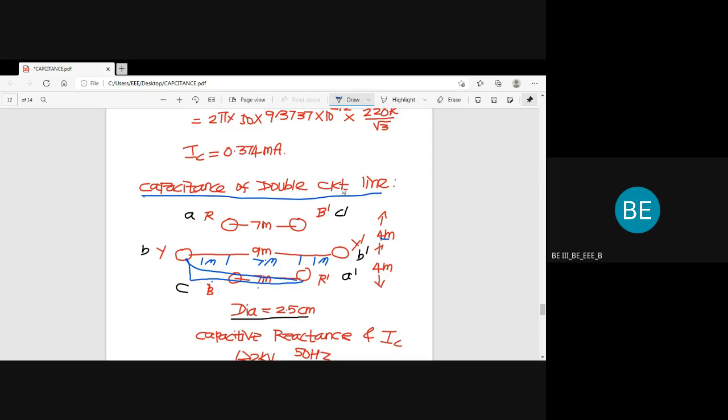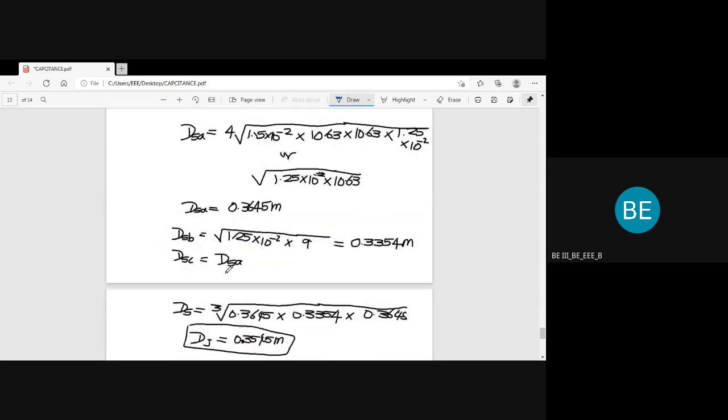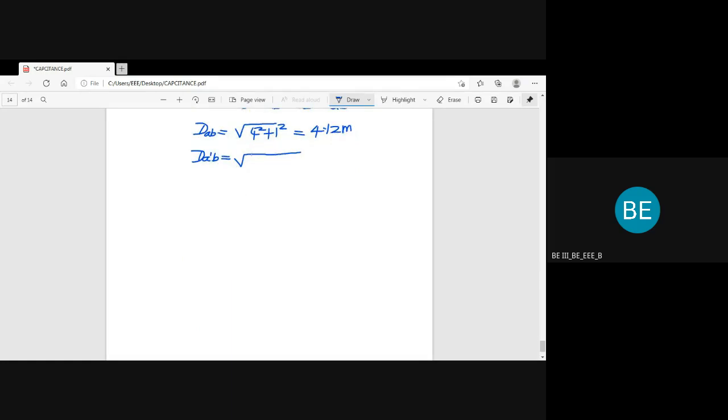So 8 squared plus 4 squared. So DA'B will be root of 4 squared plus 8 squared. So if you do it in the calculator, you will get the answer as 8.95 meter.